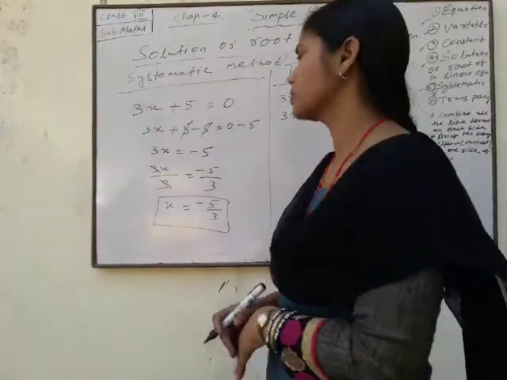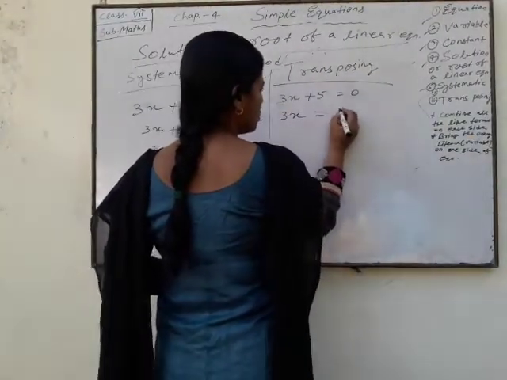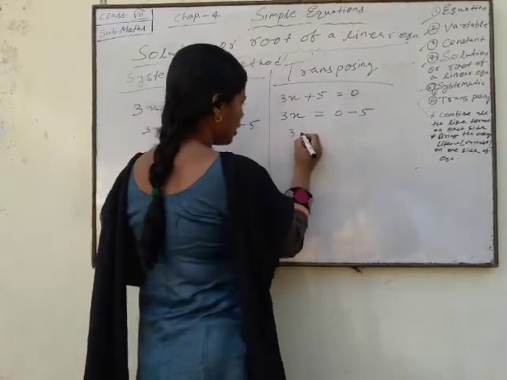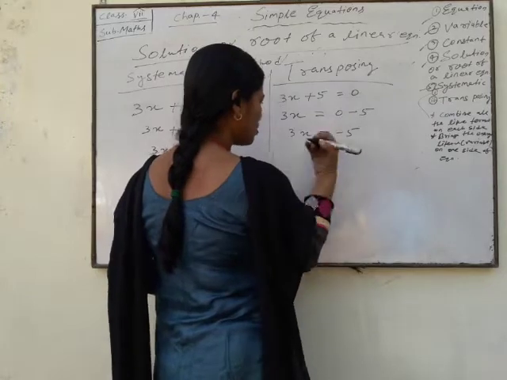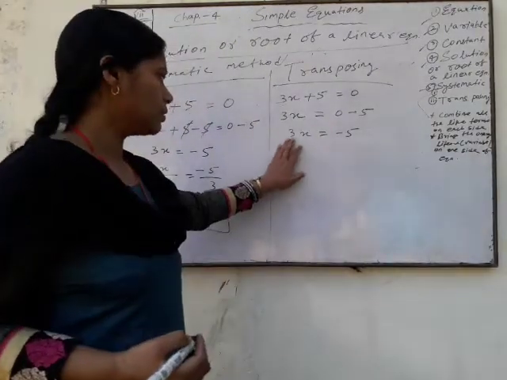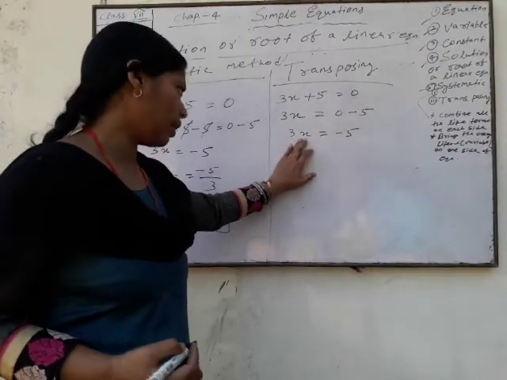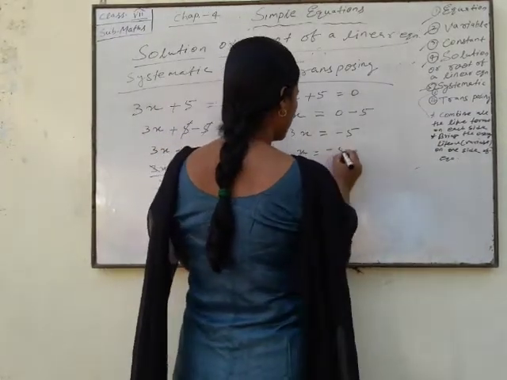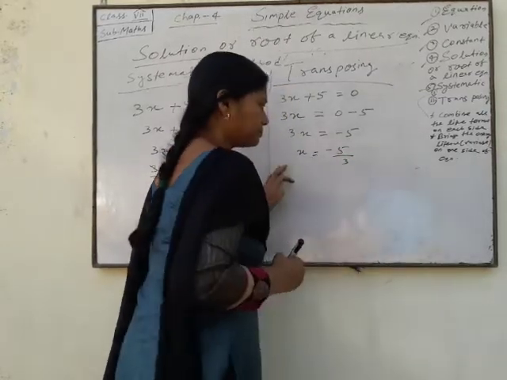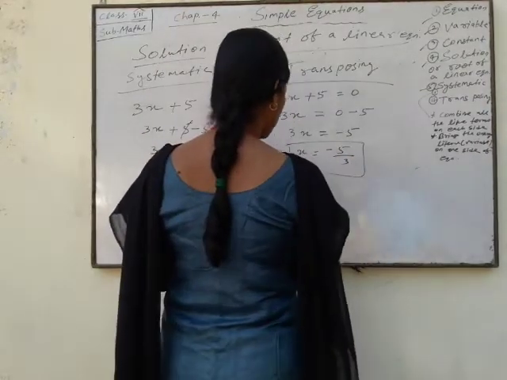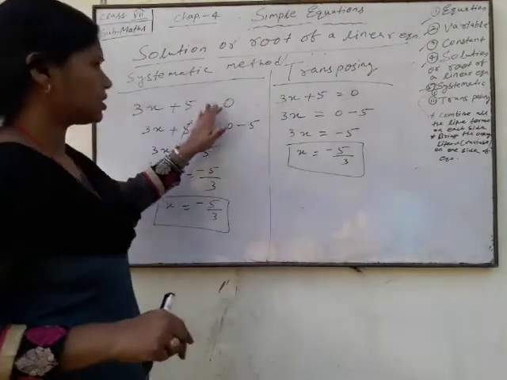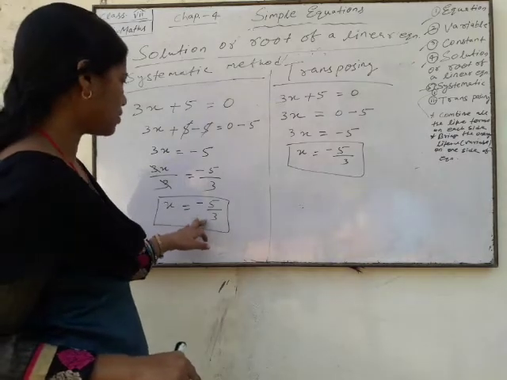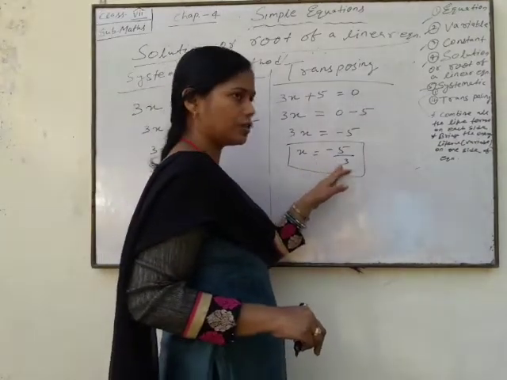When you move it to the other side, this is minus 5. So 3x is equal to minus 5, and 3 is multiplying x. When you shift this 3, it is divided by 3. The same answer, because the equation is the same. x is equal to minus 5 by 3, and here also x equal to minus 5 by 3.